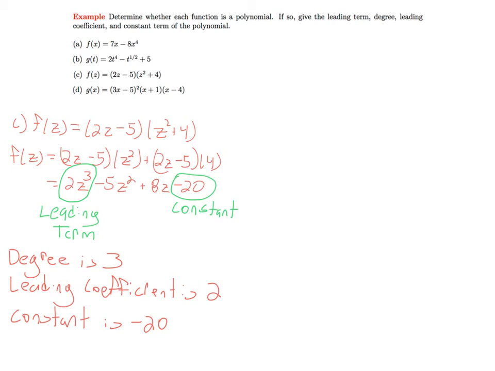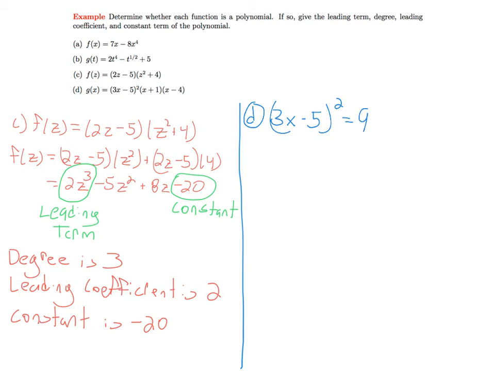And now for part D, here we've got something similar to part C. We've got the polynomial, which is written as a product of a couple of different terms. Before we begin, let's first expand this 3x minus 5 squared factor.